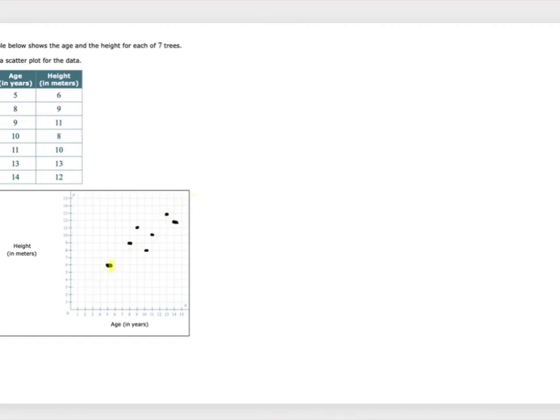Okay, so let's just go right through the middle of that data. And then I would just carry the line down. Okay, so in this one, since this is age and height, wouldn't it make sense that if we had a 0 age, it would be 0 height? So our line of best fit would go through 0, 0, wouldn't it? And it does.